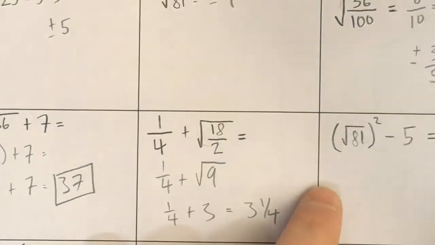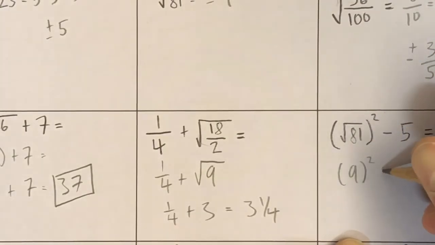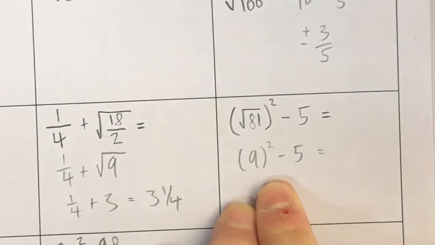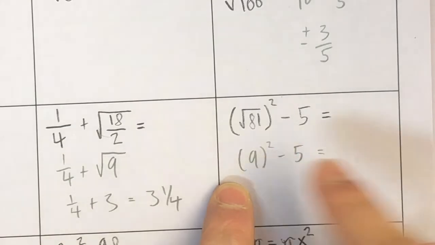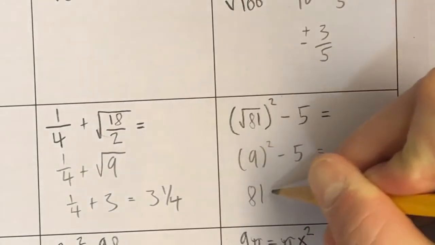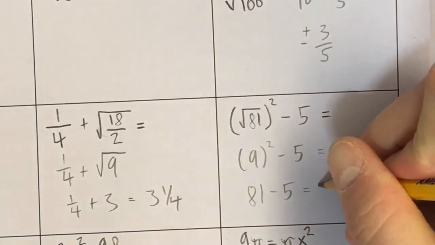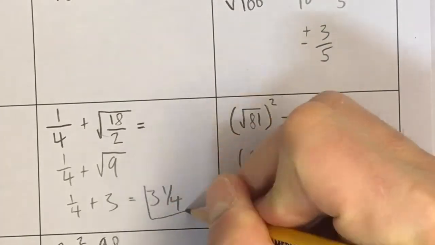So this becomes 9 squared minus 5, and 9 squared, 9 times itself, is 81. 81 minus 5 is 76, which is my final answer here.